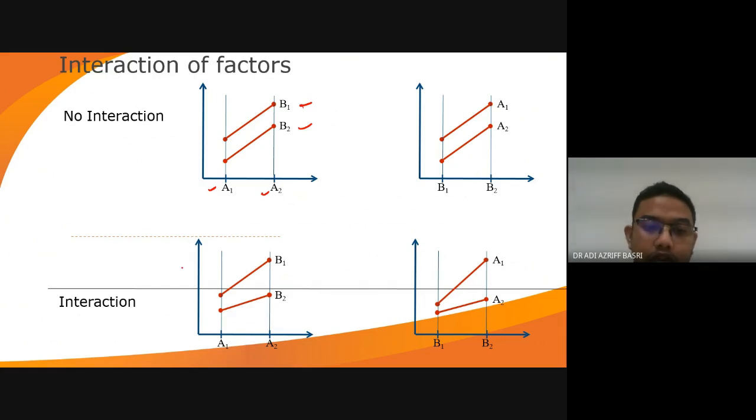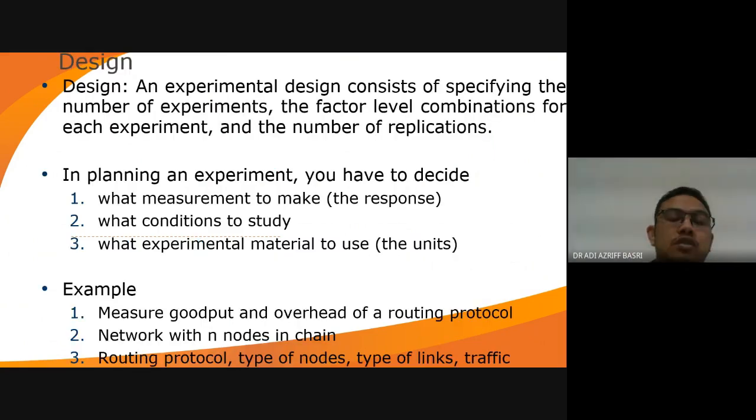But the one below shows interaction, where the graphs of the first and the second have different results, which means A and B interact. So these are examples.